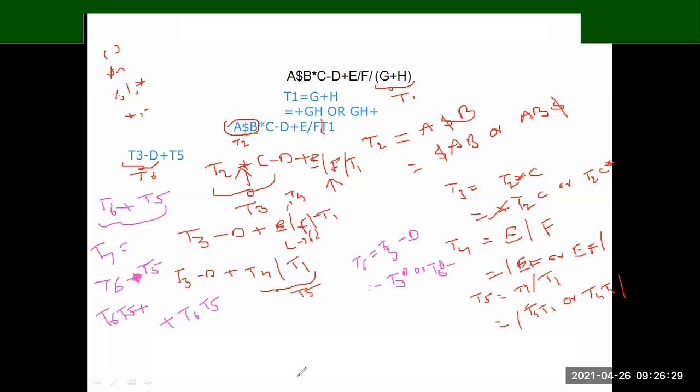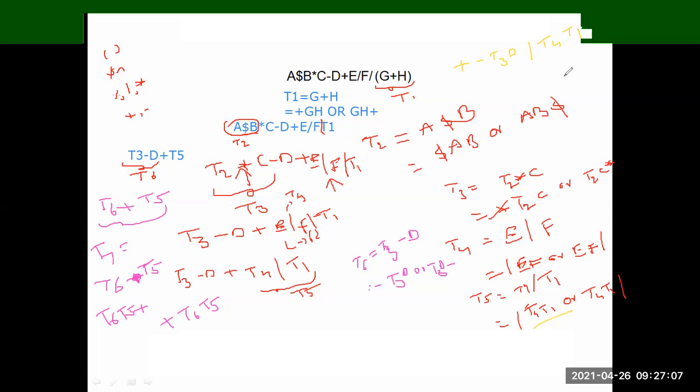Now I am substituting the values of T6 and T5. What is the T6 value? For prefix, T6 equals minus T3D. What is the T5 value? By T4 T1. What is the T4 value?